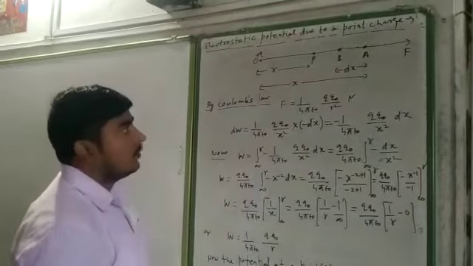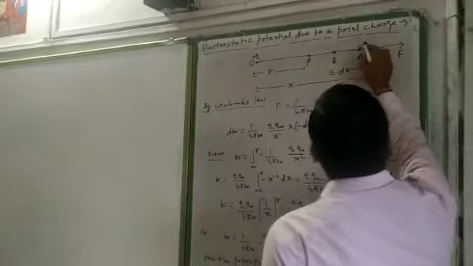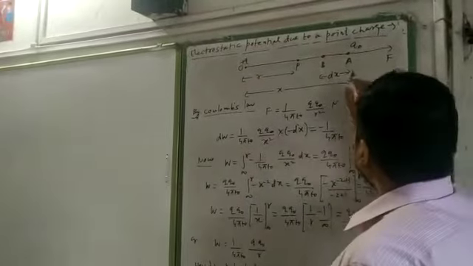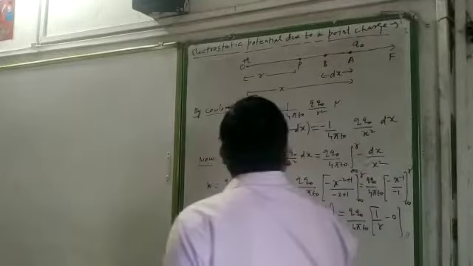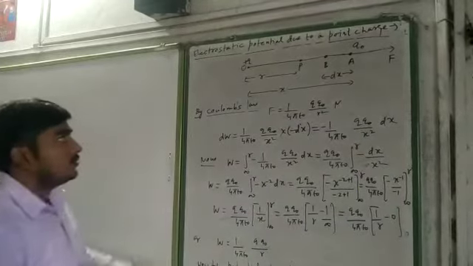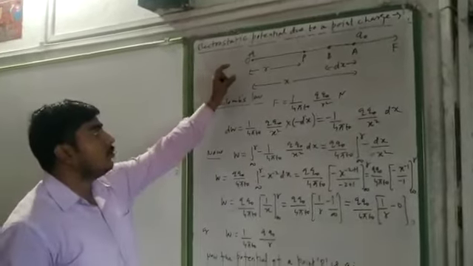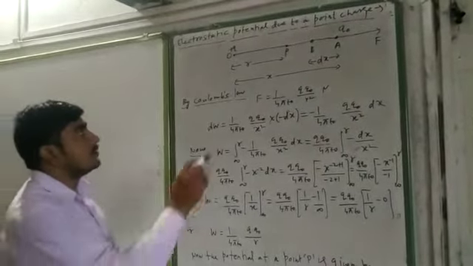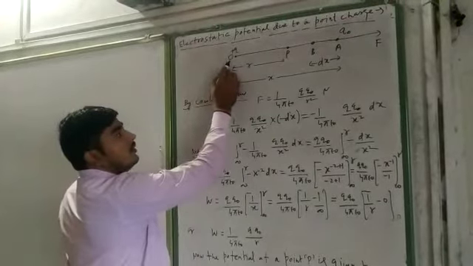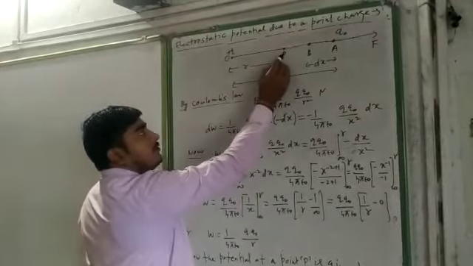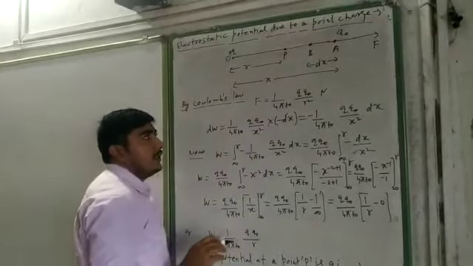So here, a test charge Q naught, which we have to take from A to B. For this we suppose a point charge plus Q situated at a point O at a distance R from the point B, at which we have to find the electrostatic potential.